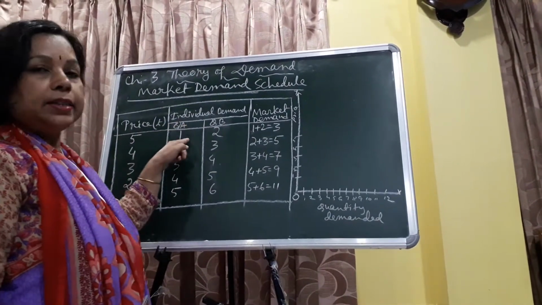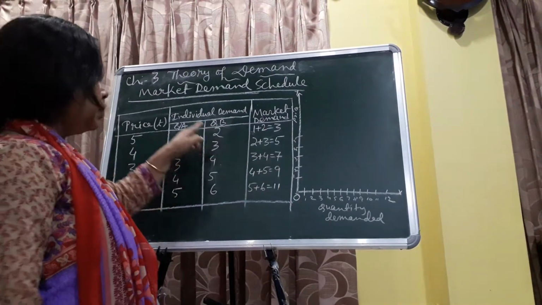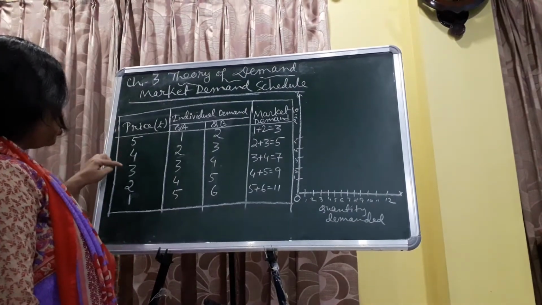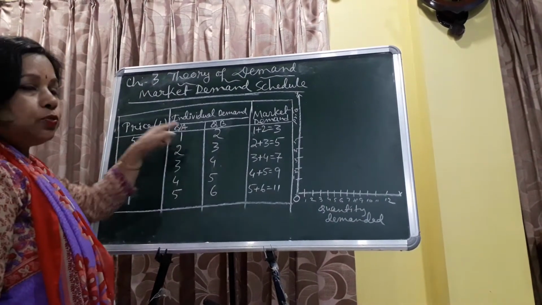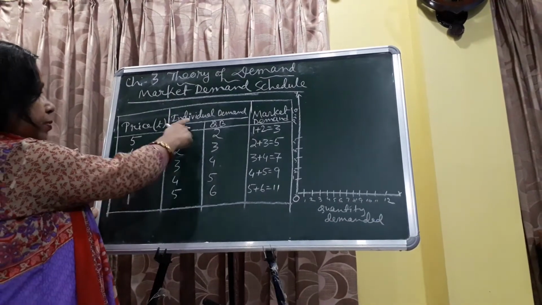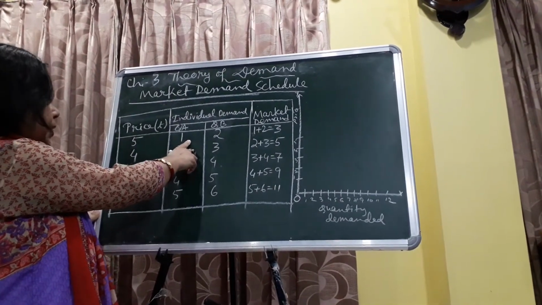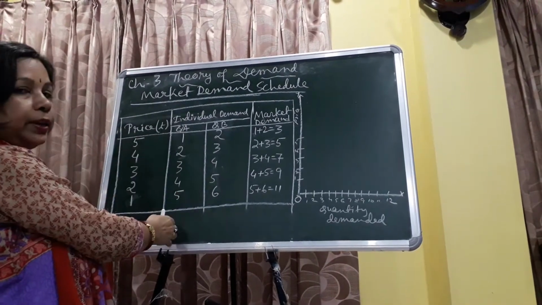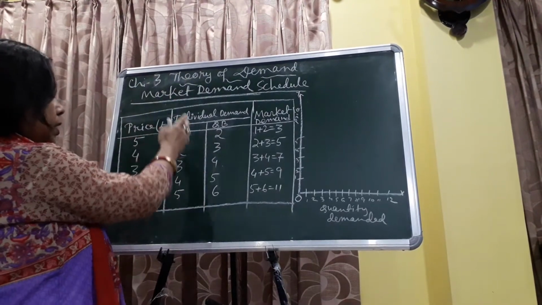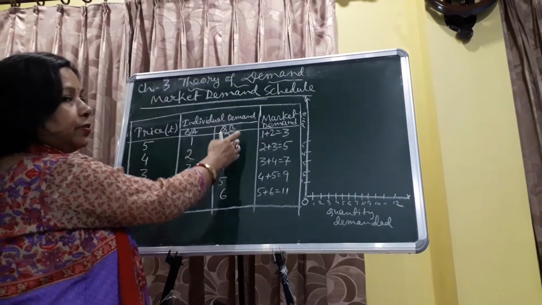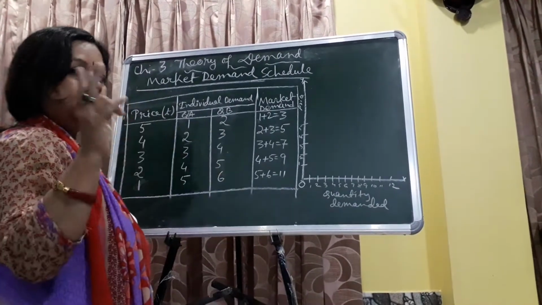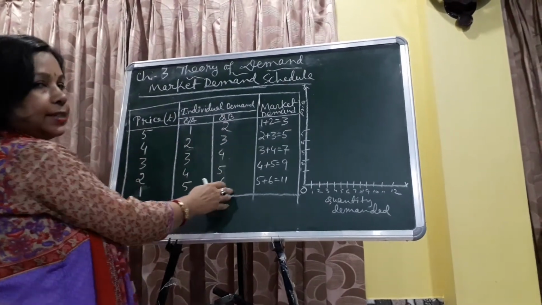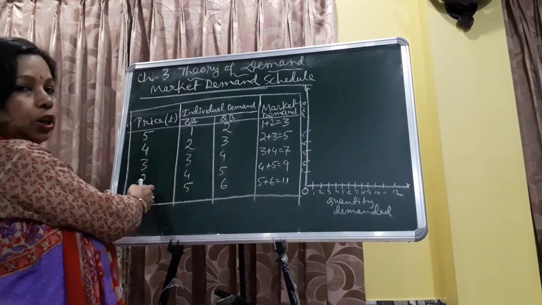Individual A at price 5 demands quantity 1 kilo of wheat, at 4 it is 2 kilo, at 3 it is 3 kilo. In such a way individual A's demand line is given here, and also individual B, as we are assuming two individuals in the market. B demands 2, 3, 4, 5, 6 at the price levels 1, 2, 3, 4, 5.